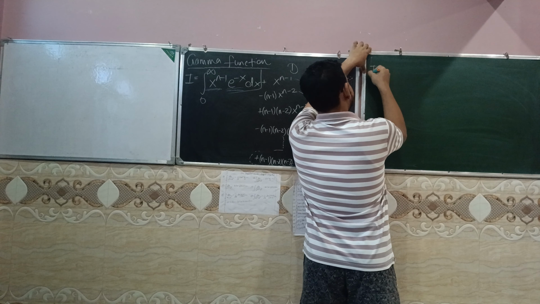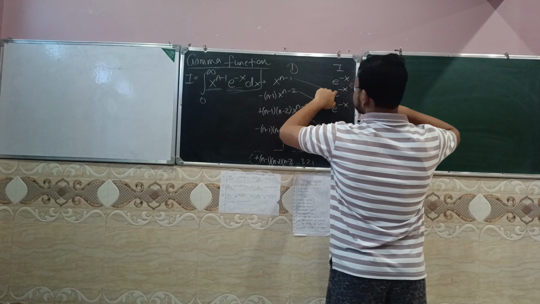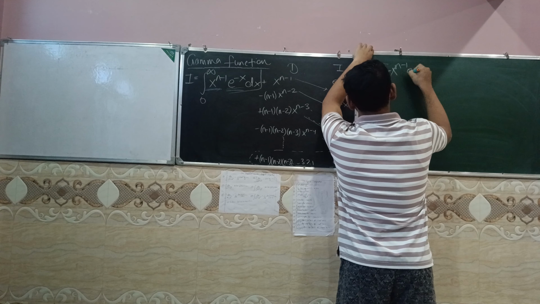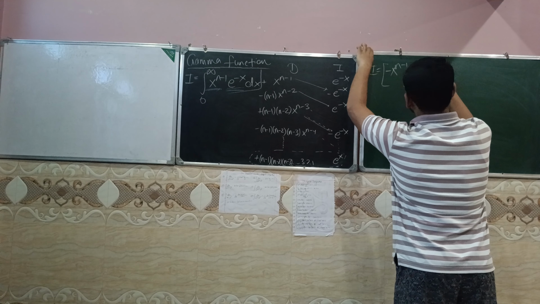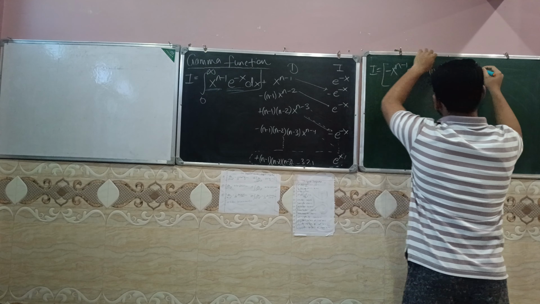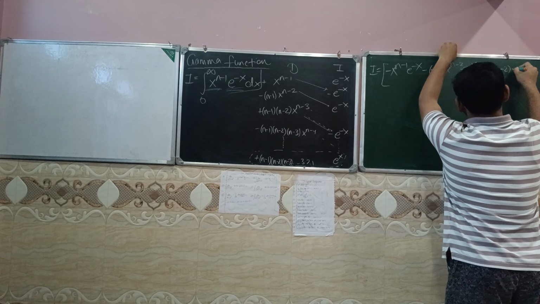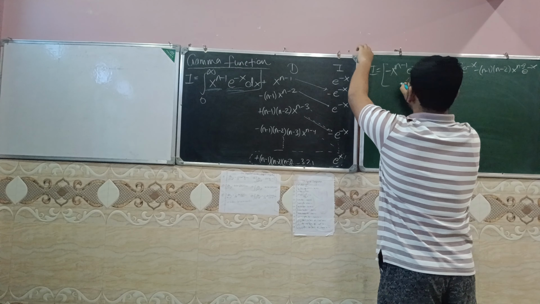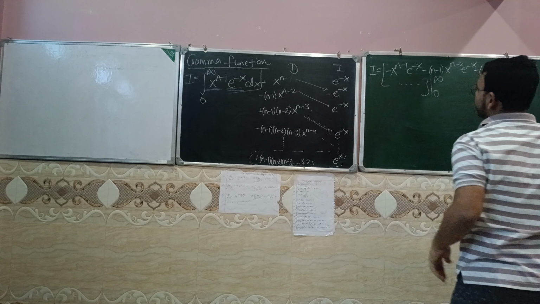So our I is, this times this, it means minus of x to the n minus 1 e to the minus x, and then this times this, so minus of n minus 1 x to the n minus 2 e to the minus x, then again minus n minus 1 n minus 2 x to the n minus 3 e to the minus x, and this goes on, evaluated from 0 to infinity.